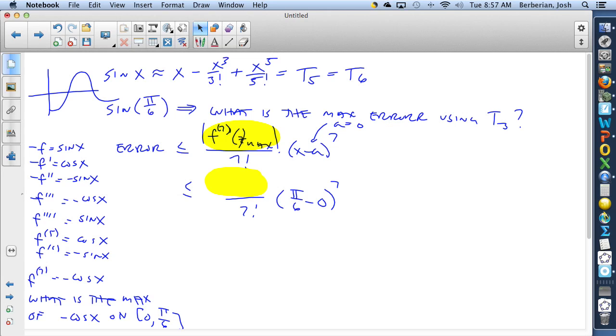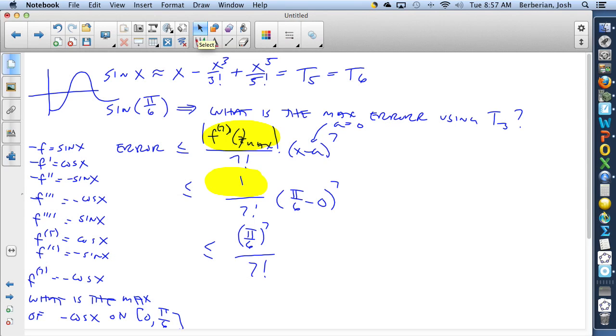So really the question is the absolute value of it. Cosine goes above or below the x-axis. What's the most it goes? One below, right? That's the most because it's the absolute value. So this is 1. And I get pi over 6 to the 7th over 7 factorial.